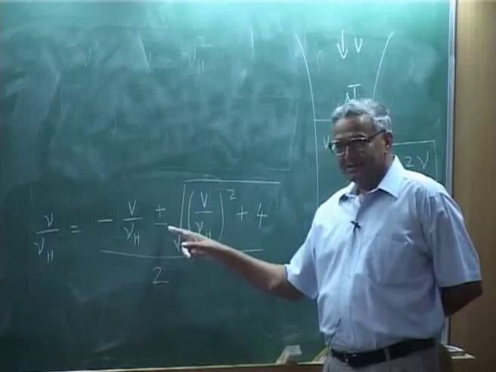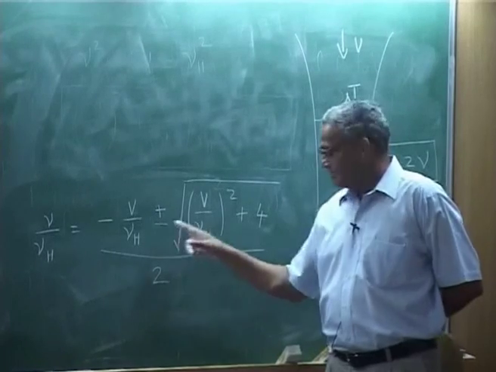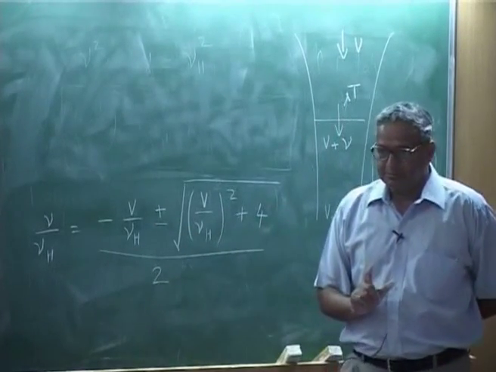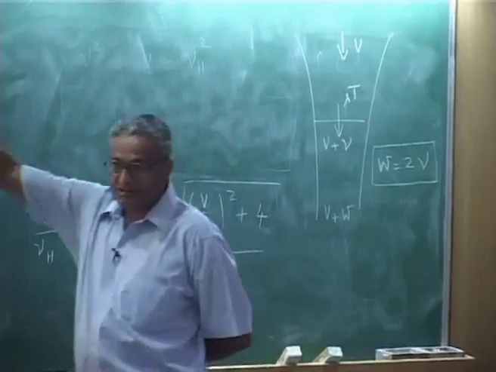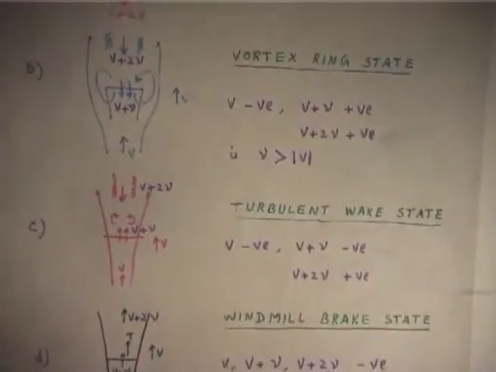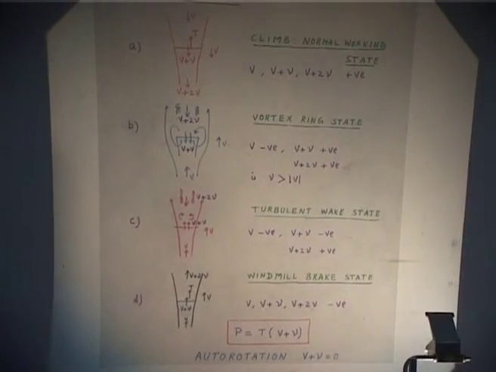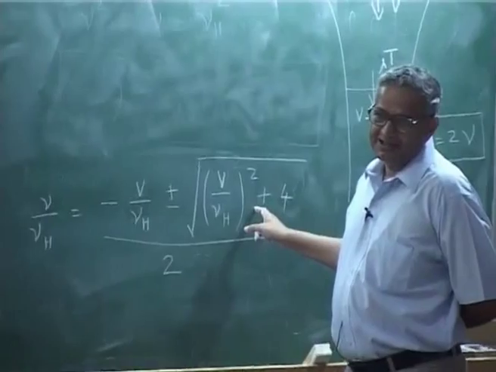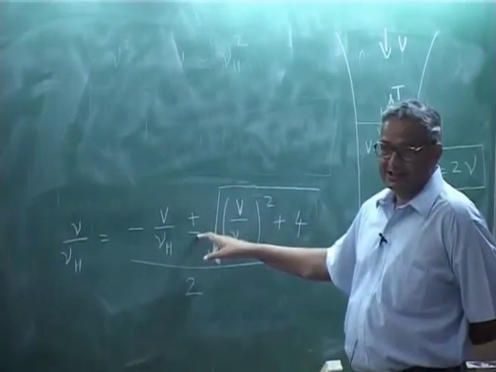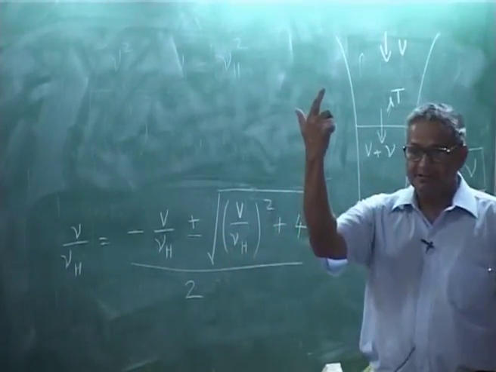So, if I use a minus sign, all of them are negative, but you know that my induced velocity is positive. That means I must use the positive root of the expression. I cannot use the negative, because if I put negative, my inflow is going up.